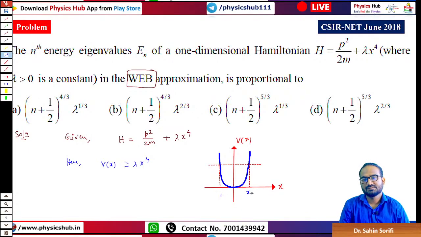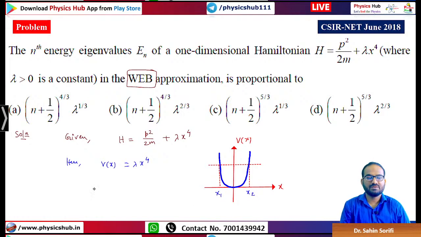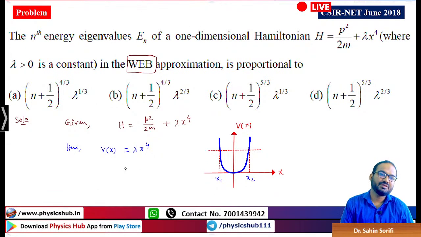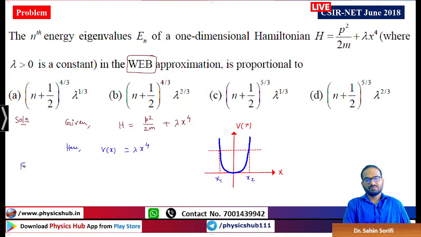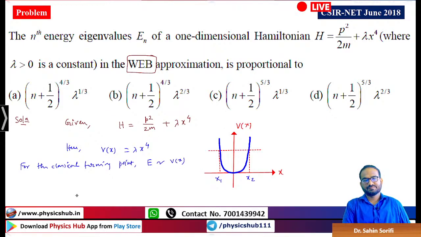x1, x2. So what will be the value of x1 and x2? We need to make it equal to E. So for the classical turning points, E approximately equals V of x. So E is equal to lambda x to the power 4. From this, x to the power 4 is equal to E by lambda.